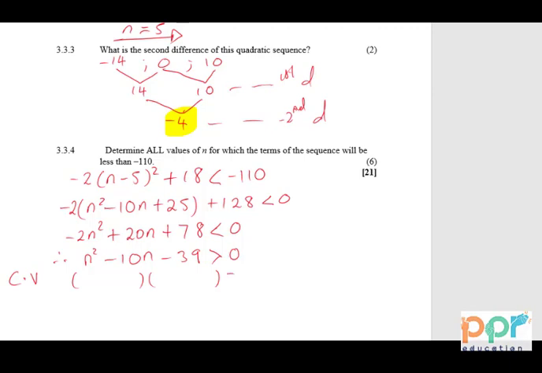I will make the inequality sign an equal sign now. So we have n here. Multiplying, it's 13 times 3, and now minus 13 plus 3 gives me minus 10. So here I will have a minus and here a plus. So it's either n equals 13 or n equals minus 3.